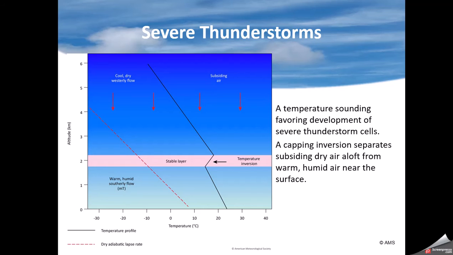So if you have a stable layer, say around 5,000 feet up, it's not going to let that many clouds form, and it's going to allow the temperature to rise. But then when you break that stable layer, you have all that pent-up energy down below it, all that heating that has happened, and it's going to really take off, and that's when you get your most severe thunderstorms many times.